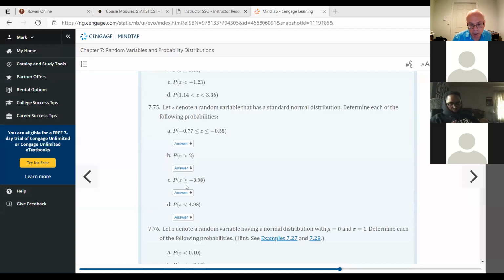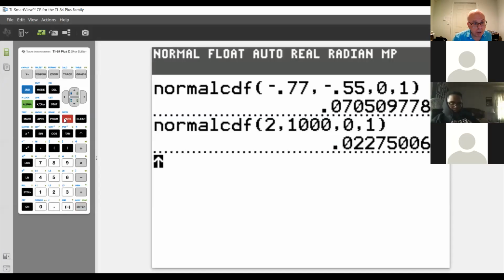Probably well over 90% of the curve will be to the right of negative 3.38. So let's stop sharing, go to the calculator, and look at that question there.